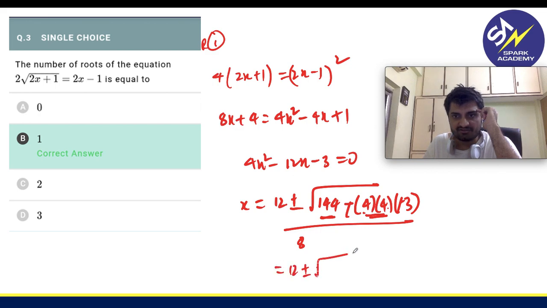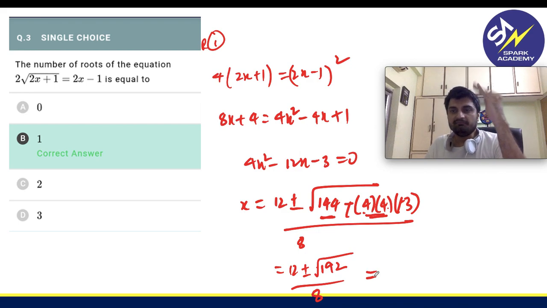So 12 plus or minus under root of 192 by 8. How do you write under root of 192? 192 I can write as 4 4s are 16. So 12 plus or minus, otherwise I can take 4 common.